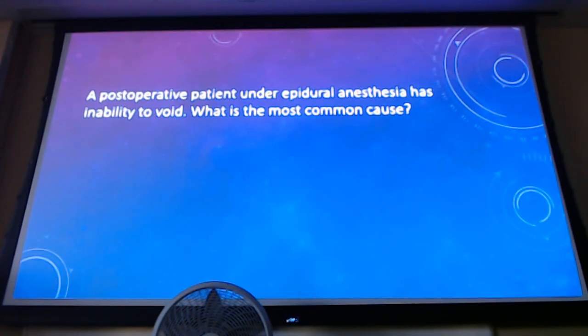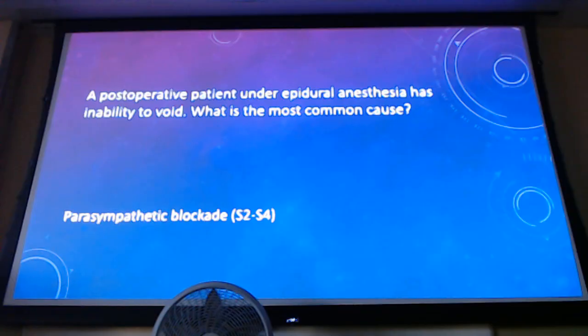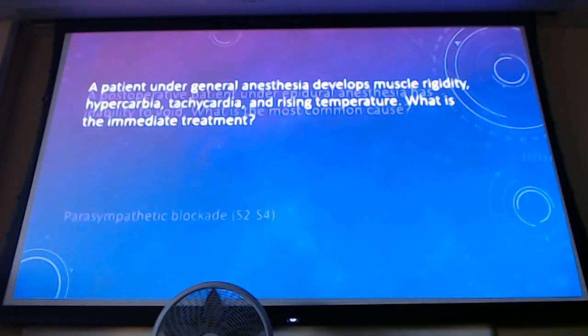Not give enough fluids? Nope. Remember this? Parasympathetic blockade. All right, we have an epidural. Most likely going to cause urinary retention because we've blocked that sympathetic tone, that sympathetic pathway. Does that make sense? Okay.